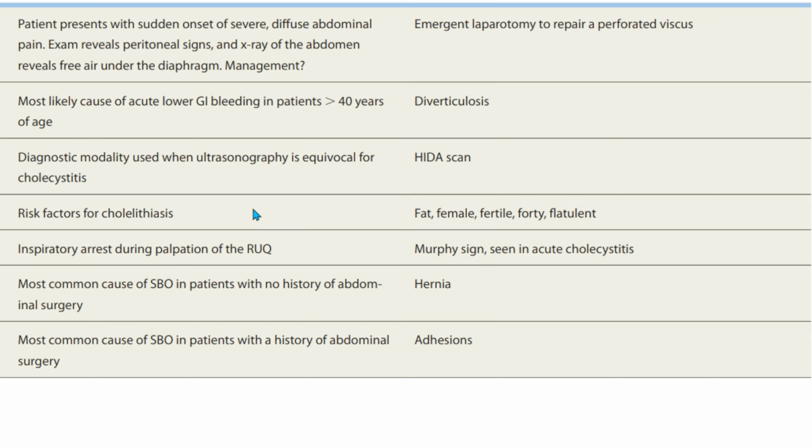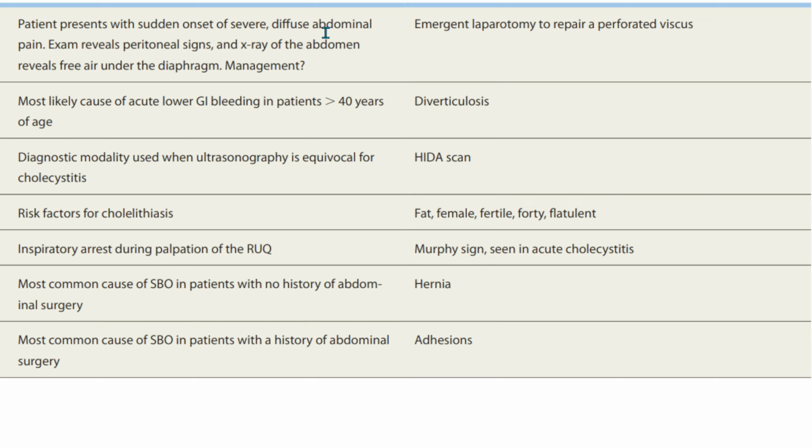The risk factors for cholelithiasis are fat, female, fertile, 40, and flatulent.